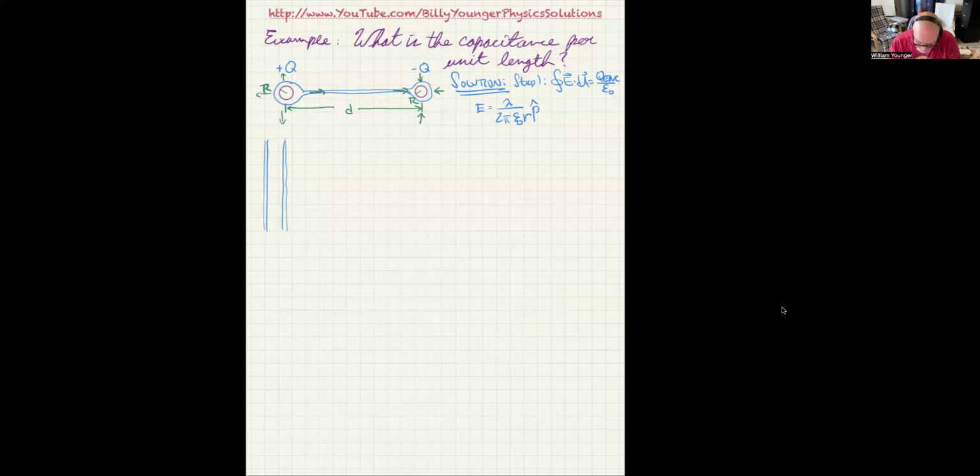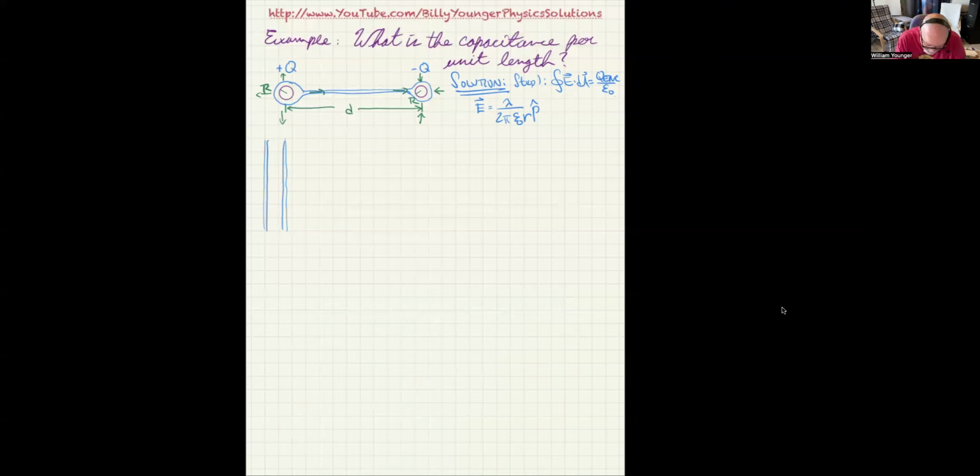It would not extend into the page or out of the page, which would be my z hat direction. So I'm imagining the z axis going directly into the page, and this rho hat would point in the direction of the green arrows around the leftmost conductor. So that's the actual electric field that I got using Gauss's law in the previous example.